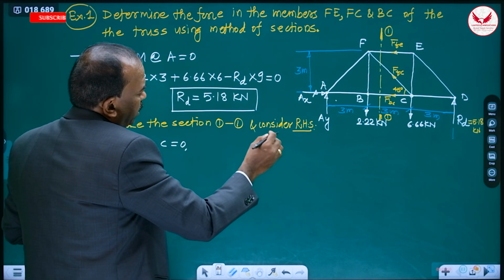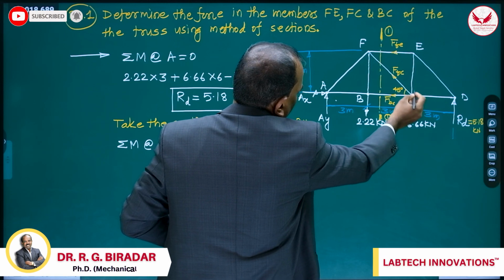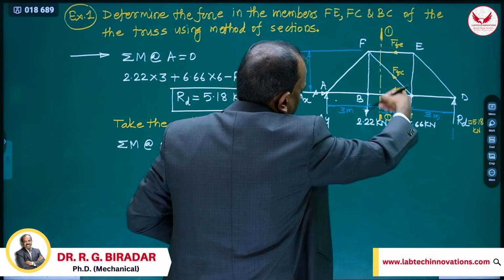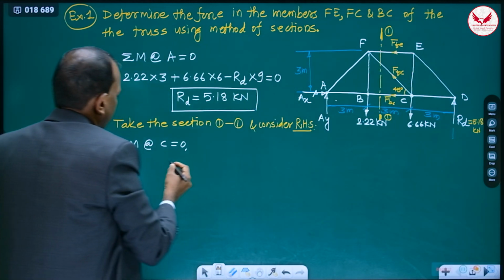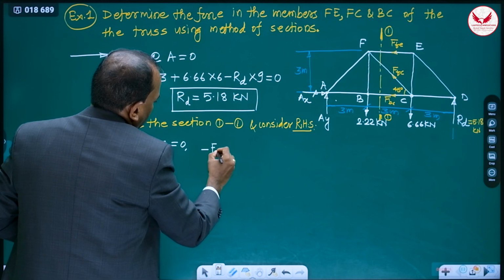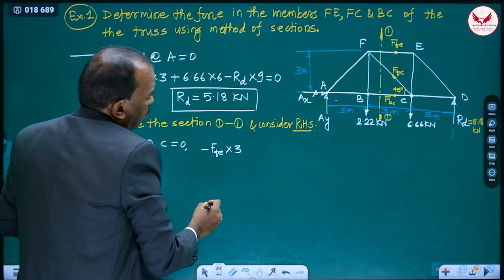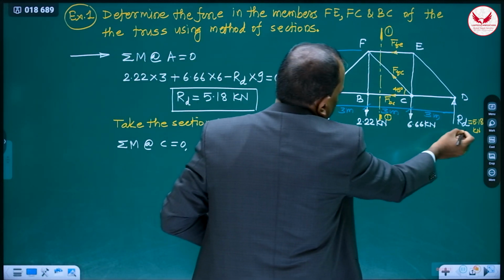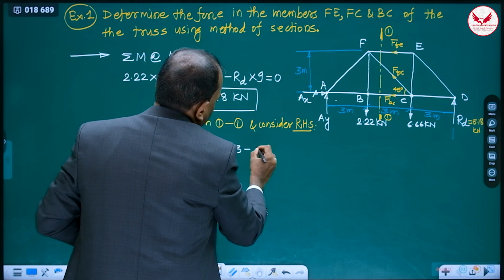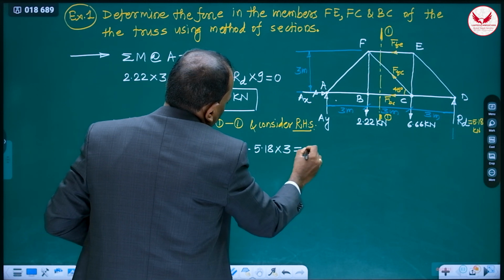How is the moment about C? Moment of FC and BC is 0. 6.66 is also 0. Moment of FE, it is going to be anti-clockwise, means negative. Minus FE into 3. And the moment of this 5.18 also it is anti-clockwise. Minus 5.18 into 3. It is equal to 0.